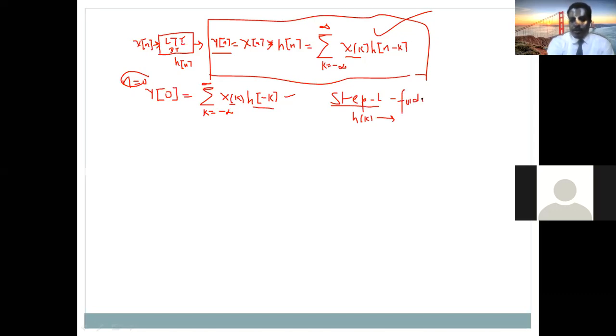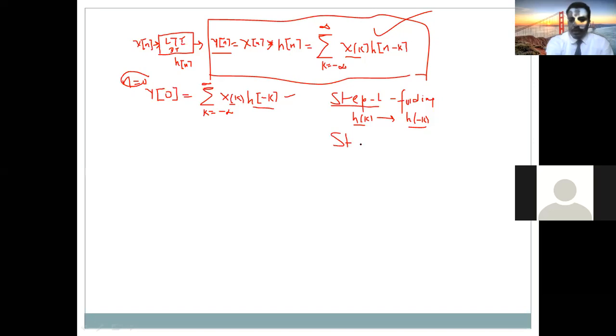Fold h of k and it becomes h of minus k. The input and impulse response are given, so first we fold the impulse response h of k to get h of minus k.